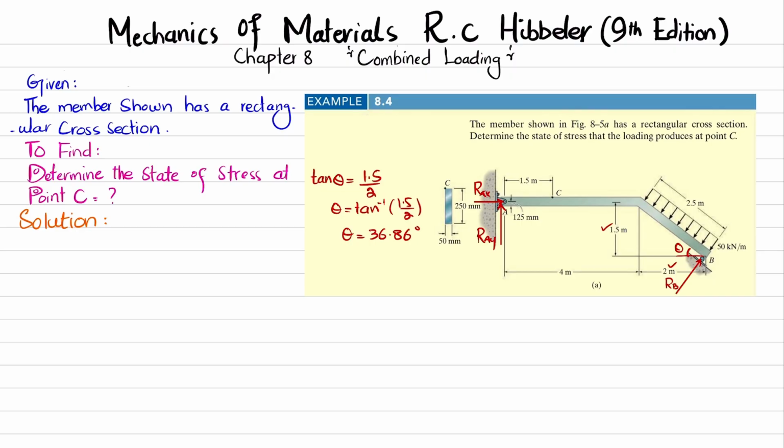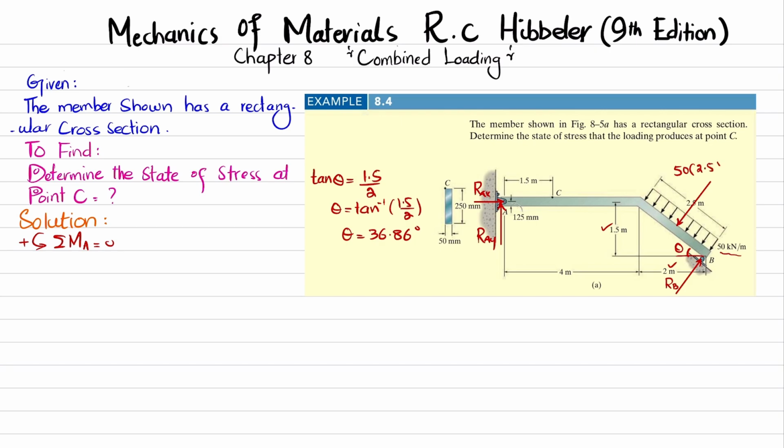So first equation of equilibrium is that sum of all moments about point A is equal to 0, and taking the counterclockwise moment as positive. So what we will do is that you can see there is a distributed load 50 kilonewton. So when this distributed load is converted into point load, so this will be equal to 50 multiplied by the length over which it acts, that is 2.5.